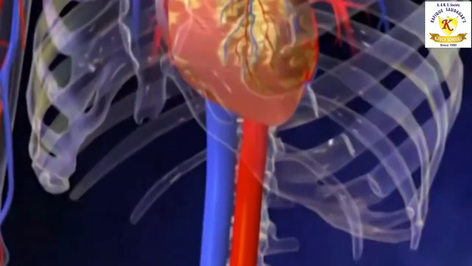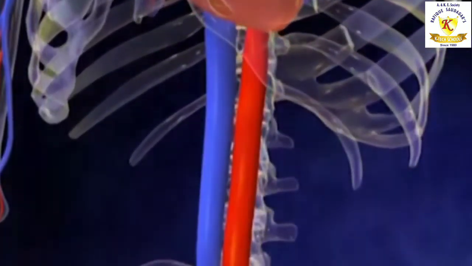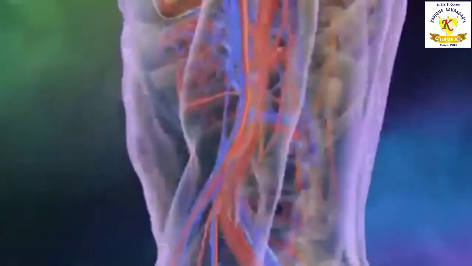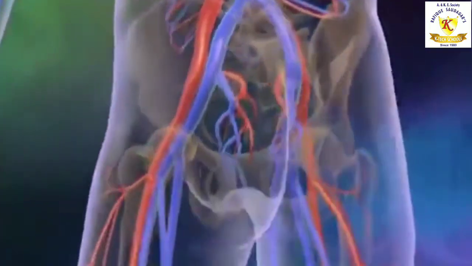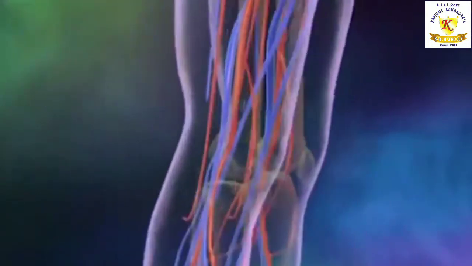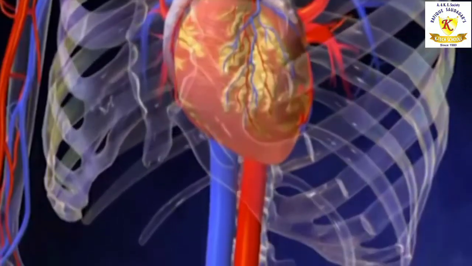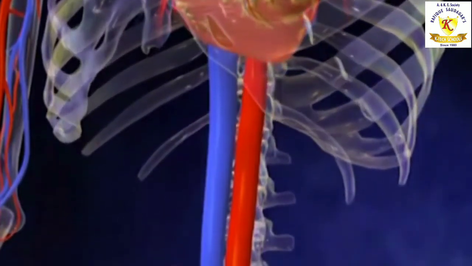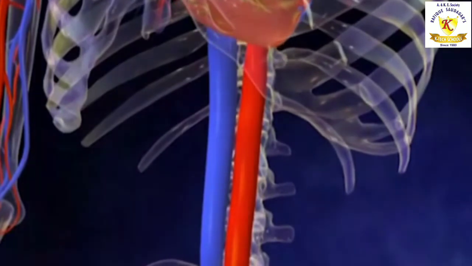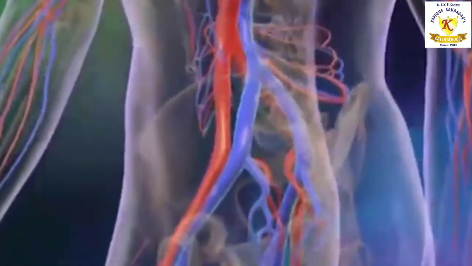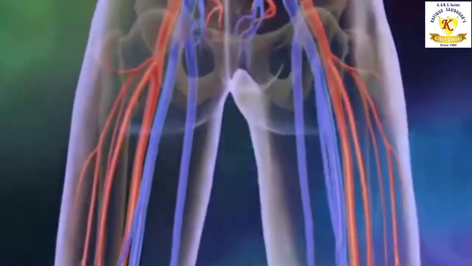The aorta further gets divided into many branches all over the body, and it supplies rich oxygenated blood and nutrients to all parts of the body. The aorta is wide and broad near the heart and gradually becomes narrow while moving away from the heart.